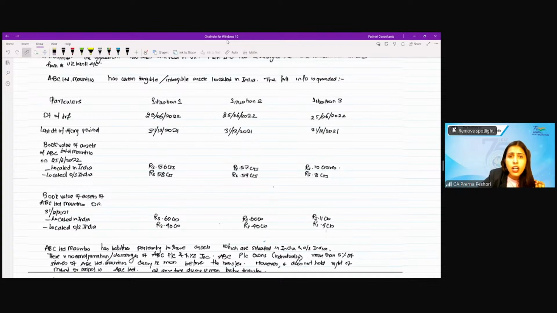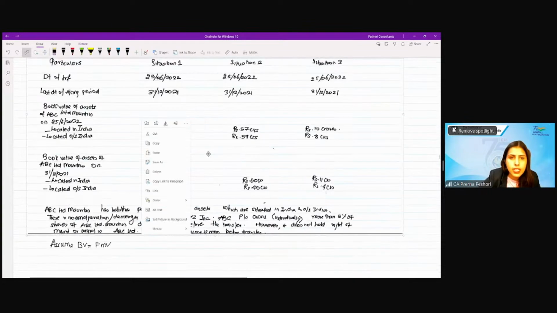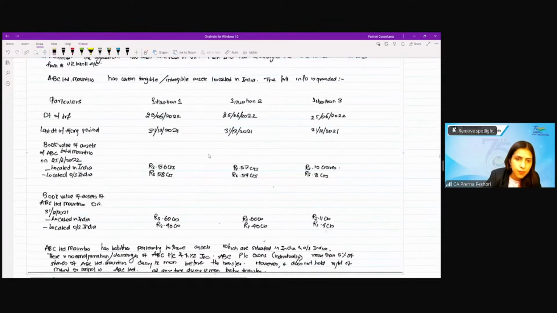We will take the 114 crore over here versus 100 crore. So is it more than 15% of the book value of the assets as on the accounting year end?